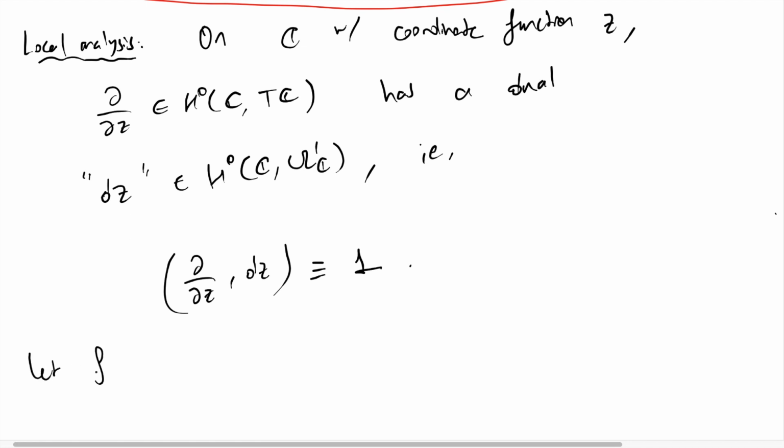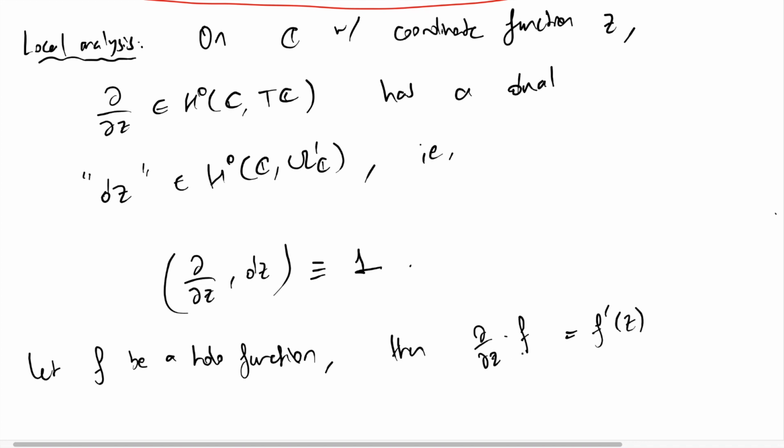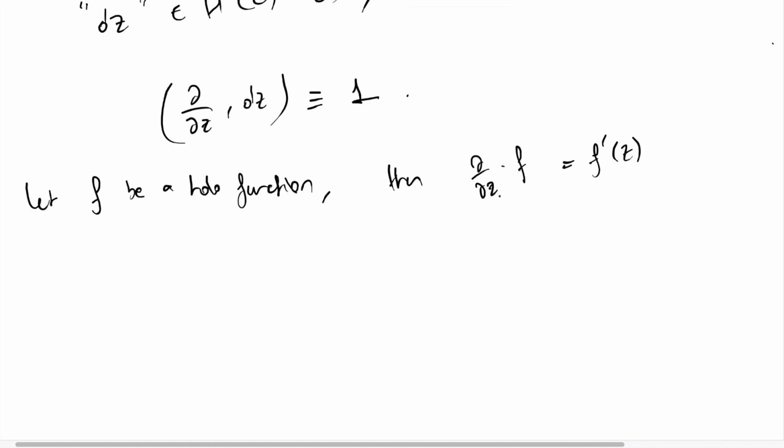So let f be a holomorphic function. Then this pairing with the function and the tangent vector field gives us the function f prime of z. In other words, f behaves like f prime times dz.